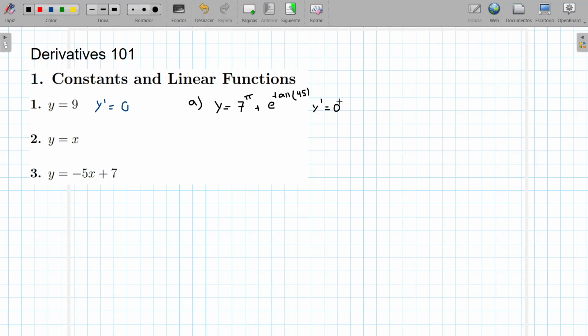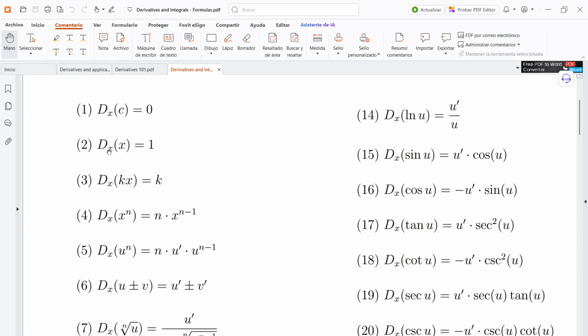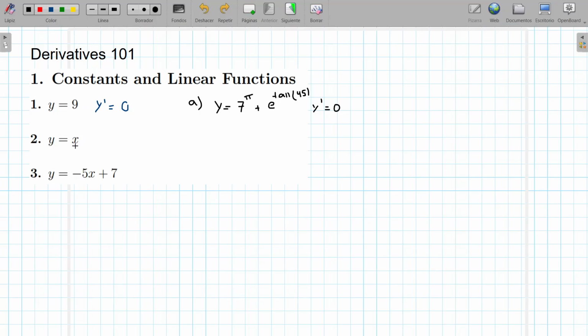And that's it. Now, we got a second most important, in my opinion, derivative, which is the derivative of x. The derivative of x is just 1. So whenever you see x and you think about the derivative, it's just 1.